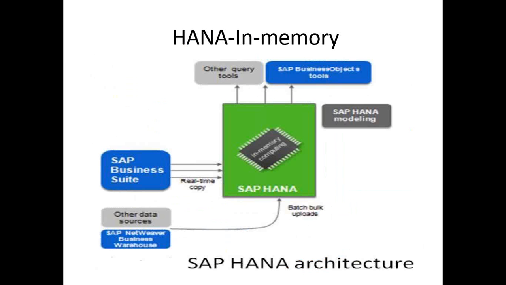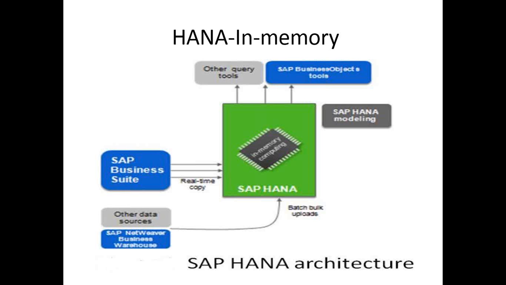With normal databases we are storing data on a hard drive, but in SAP HANA we are storing the data on the RAM. We're storing this in memory, and we will try to understand this concept in more detail.